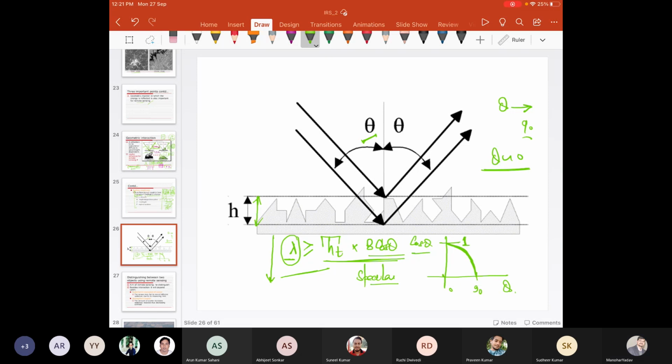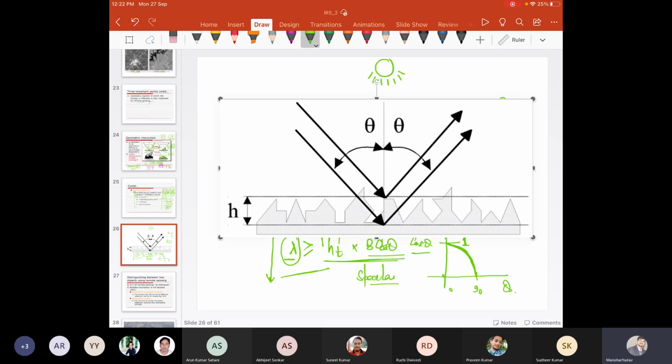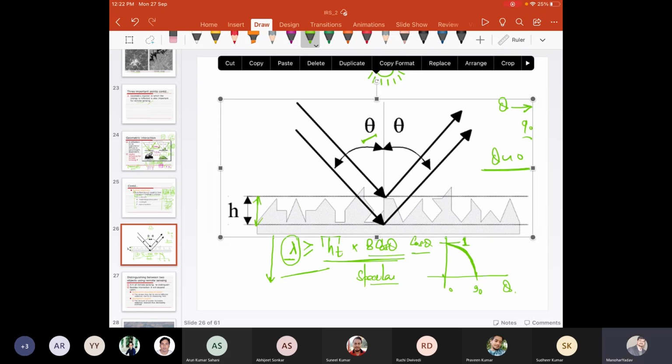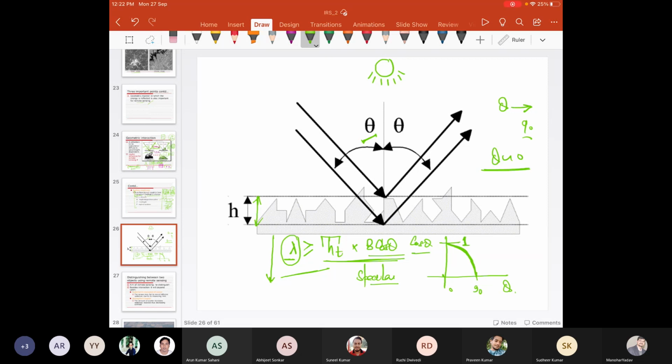When theta is 0, the sun is just above that surface. Like if the sun is over here, in that case theta is 0, then we have cos theta.